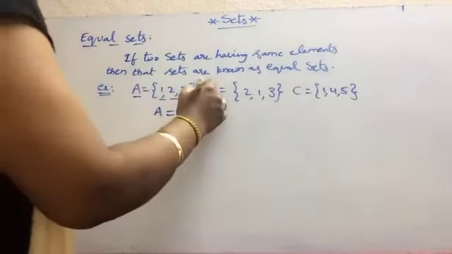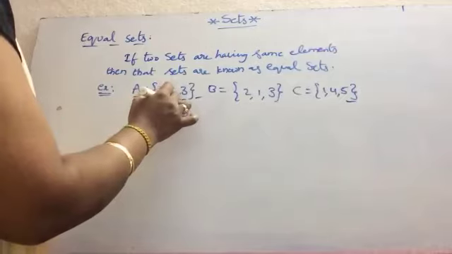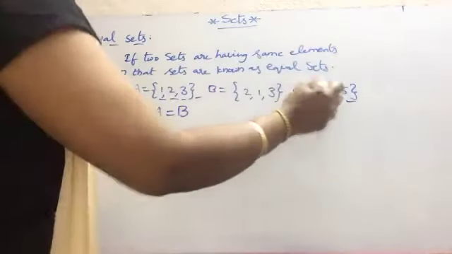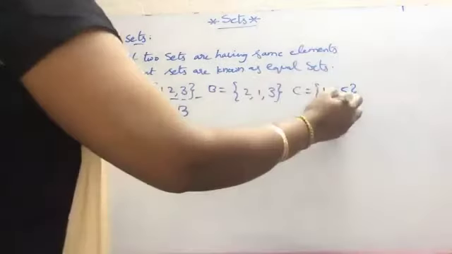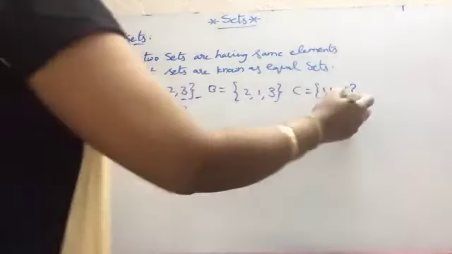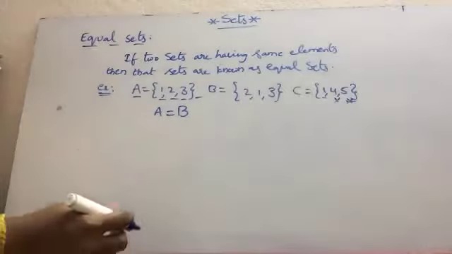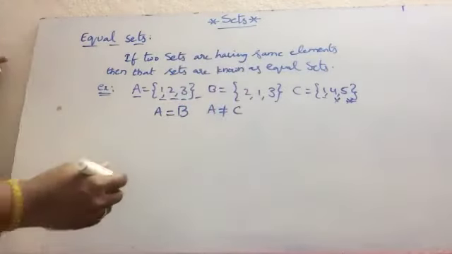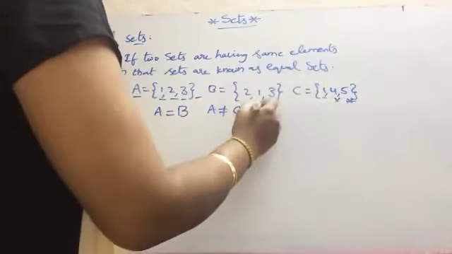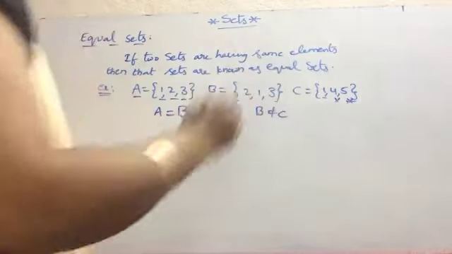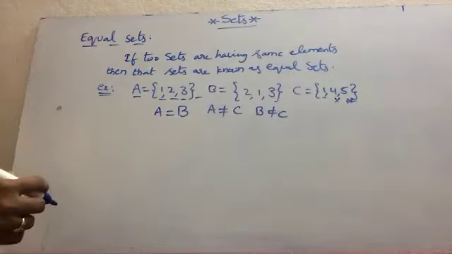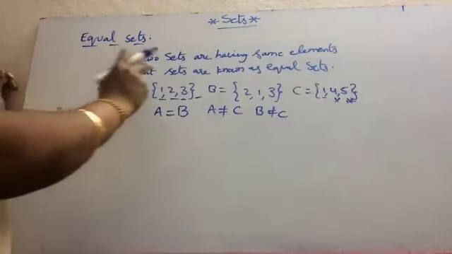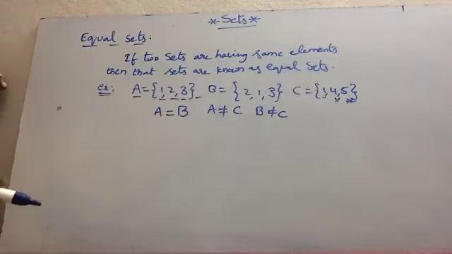But let's check A and C. In A, 1 is there, and in C 1 is there. Here 2 is there, but in C, 2 is not there. 3 is there, but in C, 3 is not there. So A is not equal to C. Similarly, B is not equal to C. So if two sets have the same elements, then those sets are known as equal sets.